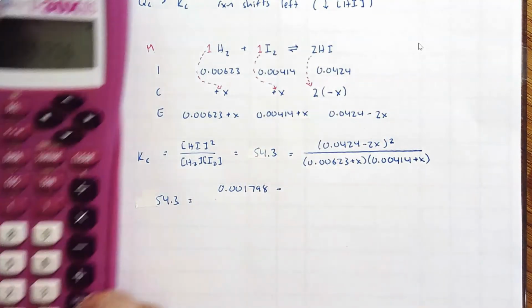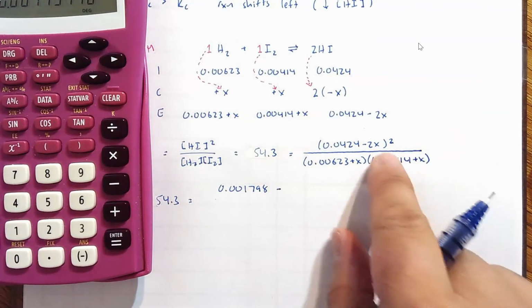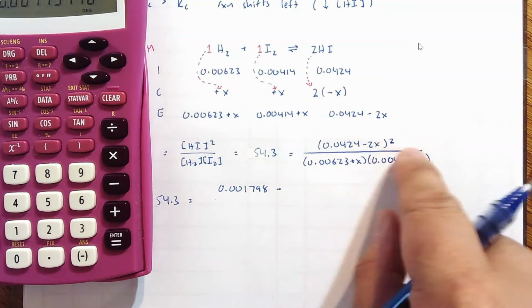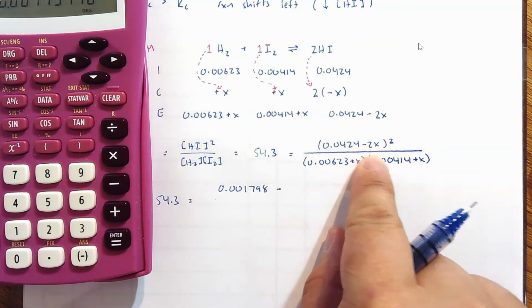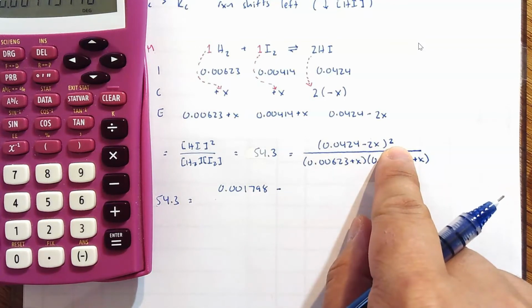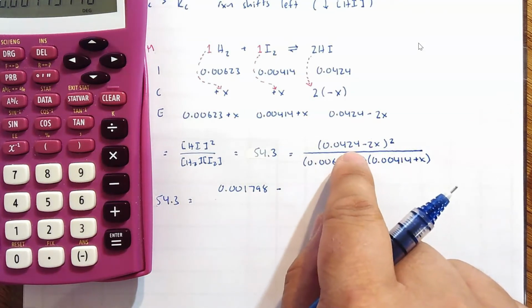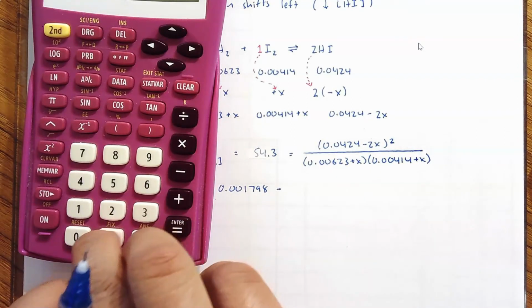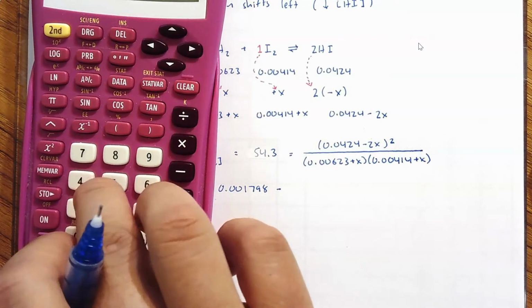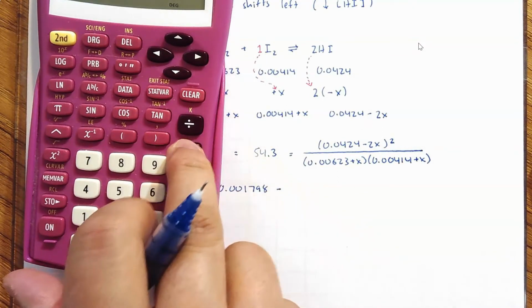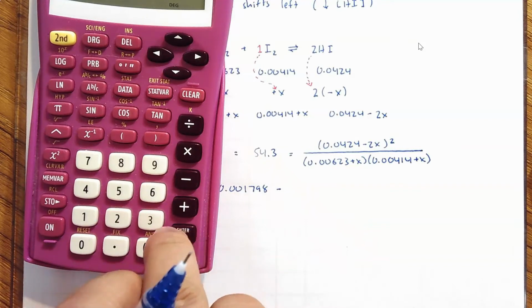Minus. So what's happening here? Minus 2x is multiplied by that number, and then the same thing for the outer. Okay, 0.0424 times 2x.